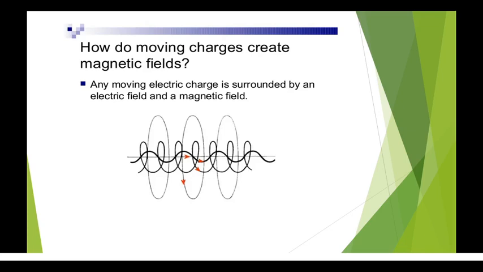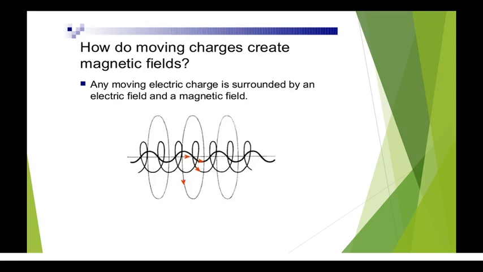Similarly, what is a magnetic field? You know that there is a magnetic field around a current carrying wire, and you can find its value with the equation B = μ0 I/(2πr). So the electric field is E = 1/(4πε0) × q/r², and the magnetic field is B = μ0 I/(2πr).